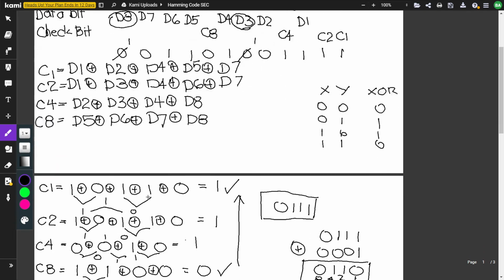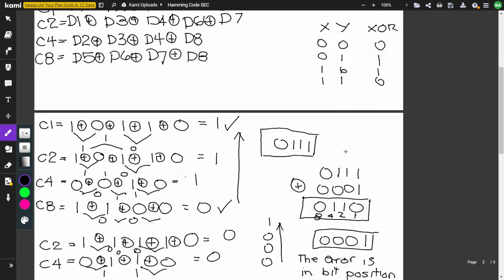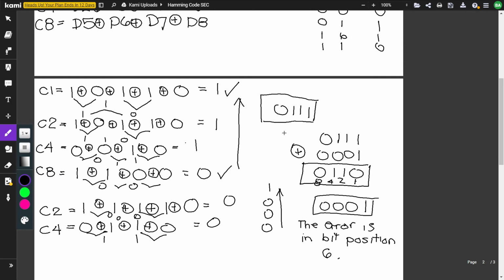And then after that, of course, you have to XOR all the data bits. So again, XOR should be done pairwise. You cannot do it by threes or by fours. You have to do it in pairs. So these will be the values, and then you have already gotten the check bits of the word that does not have an error.